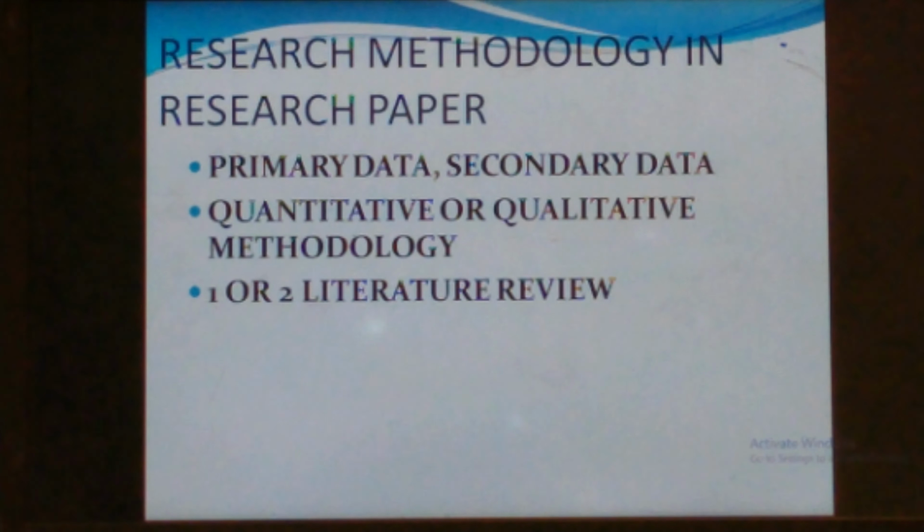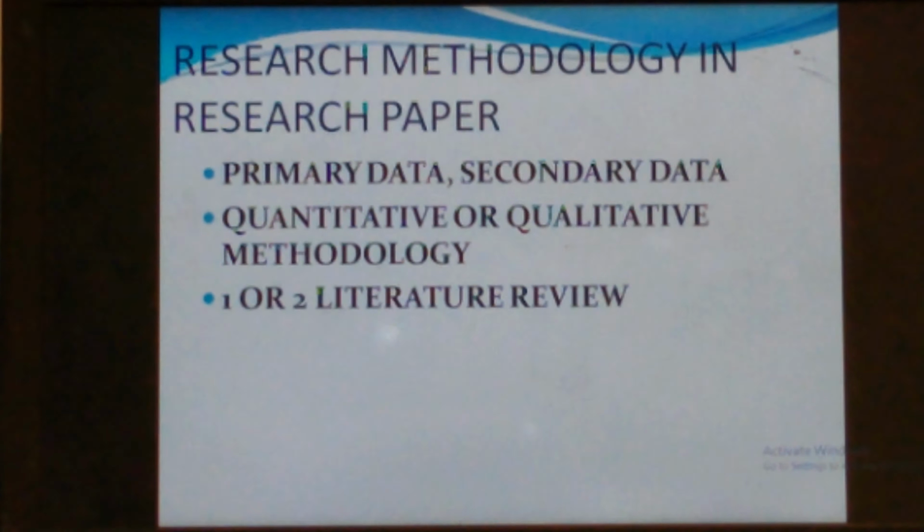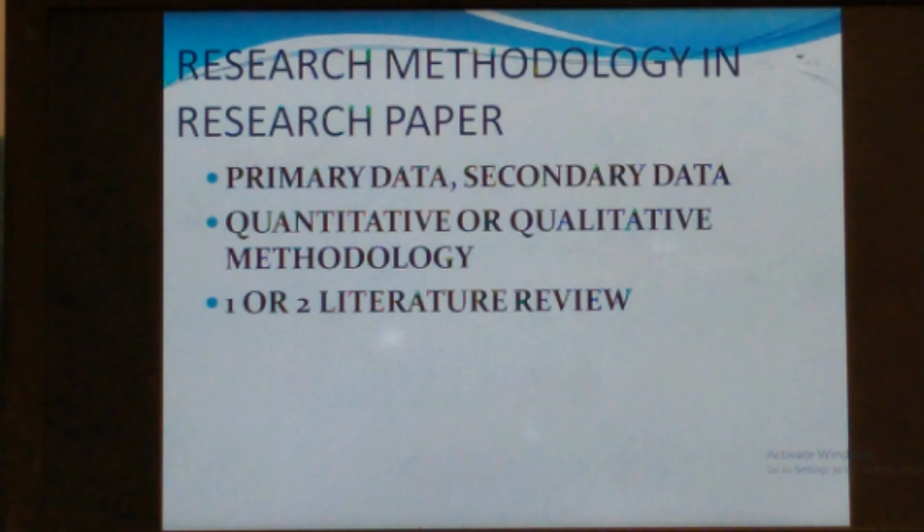So here also you have to mention one or two research articles or theses which are on the same topic as yours. The research articles or theses which have undertaken research on a topic similar to yours will become part of your literature review. So all these three aspects should come in the paragraph of research methodology in your research paper. I hope this paragraph of research methodology is very much clear.